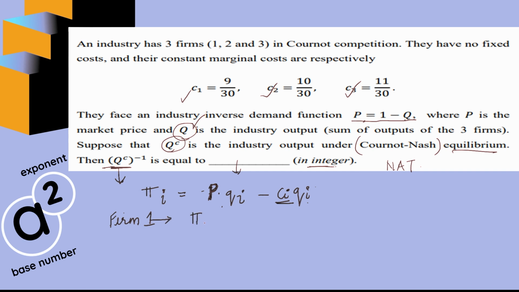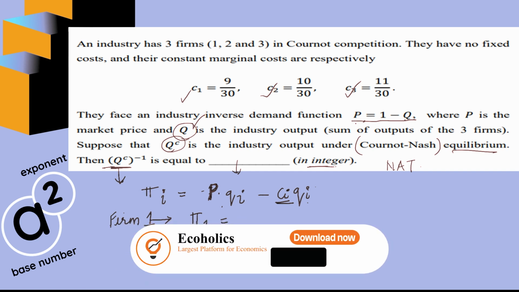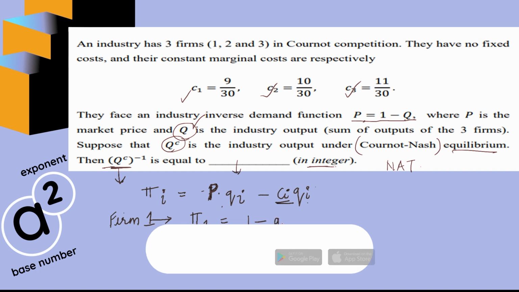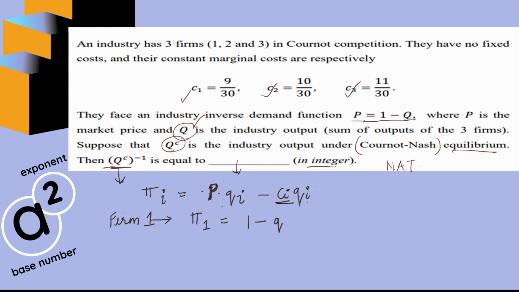For firm 1, the profit function would be pi 1, which is equal to, what is P? P is 1 minus Q. What is capital Q? It's nothing but the summation of the outputs of the three firms.